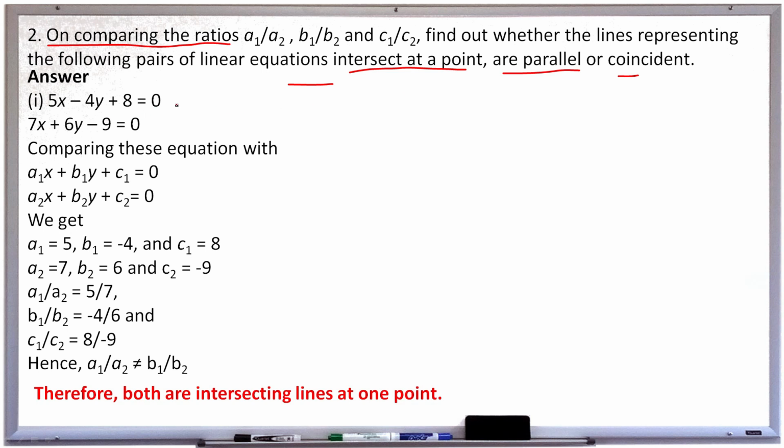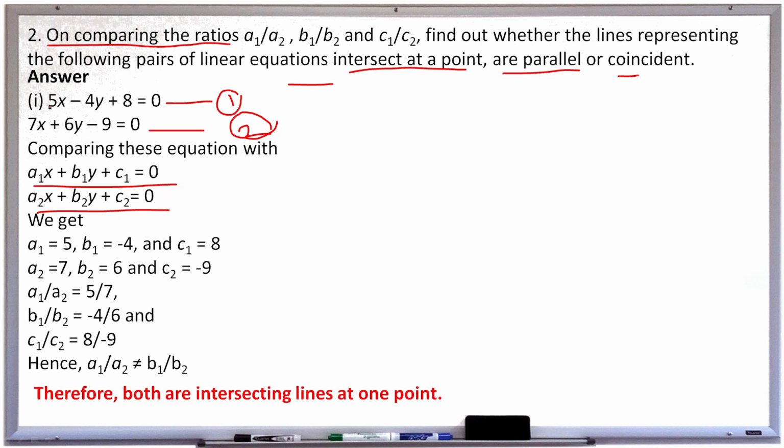Now the given equations: 5x minus 4y is equal to 8. This is the first equation. The second one, 7x plus 6y minus 9 is equal to 0. This is the second equation. Compare these with a1x plus b1y plus c1 is equal to 0 and a2x plus b2y plus c2 is equal to 0.